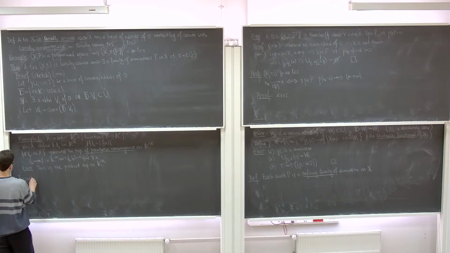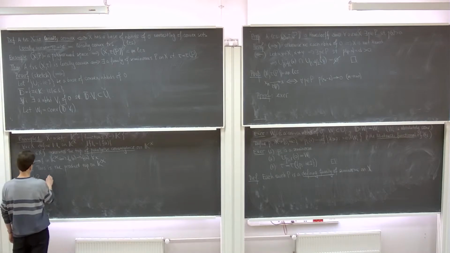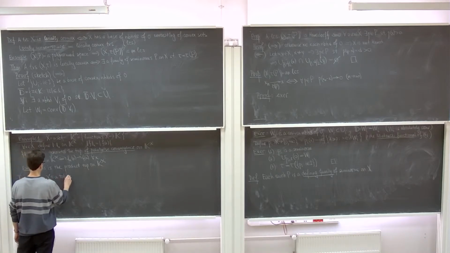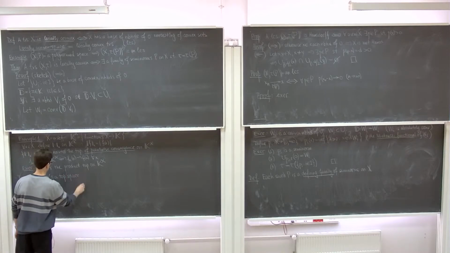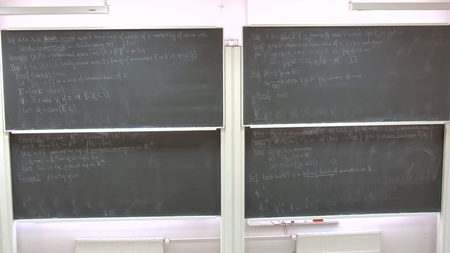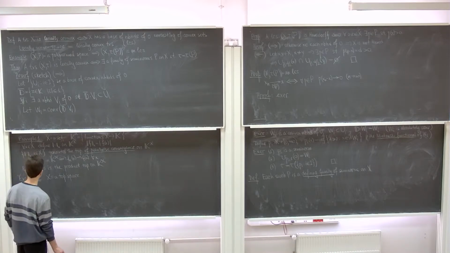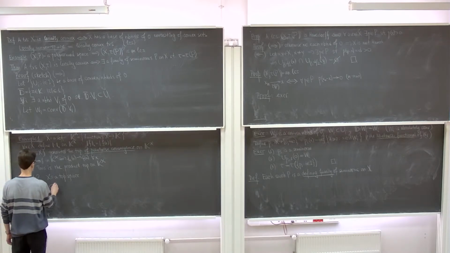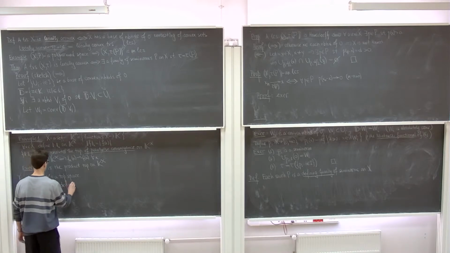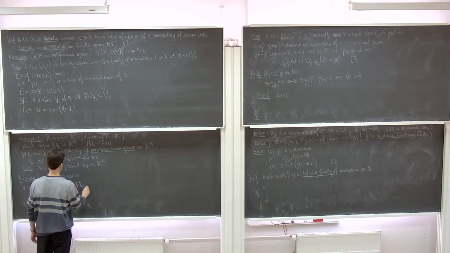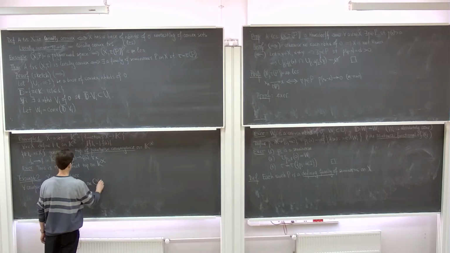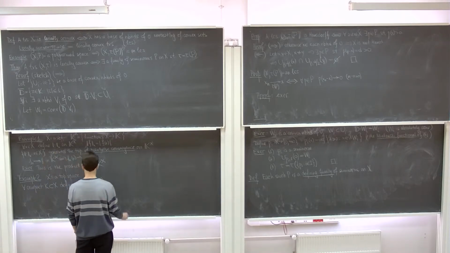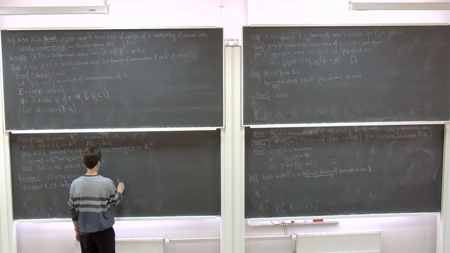Example 2. Let now X be a topological space. So we want to define a locally convex topology on the space of continuous functions. And we do it as follows. For each compact subset K of X, we define a seminorm indexed by K on the space of continuous functions by the following formula.